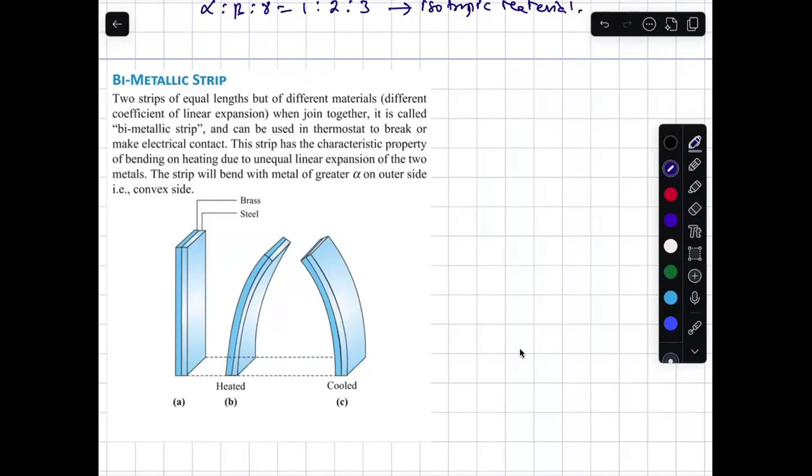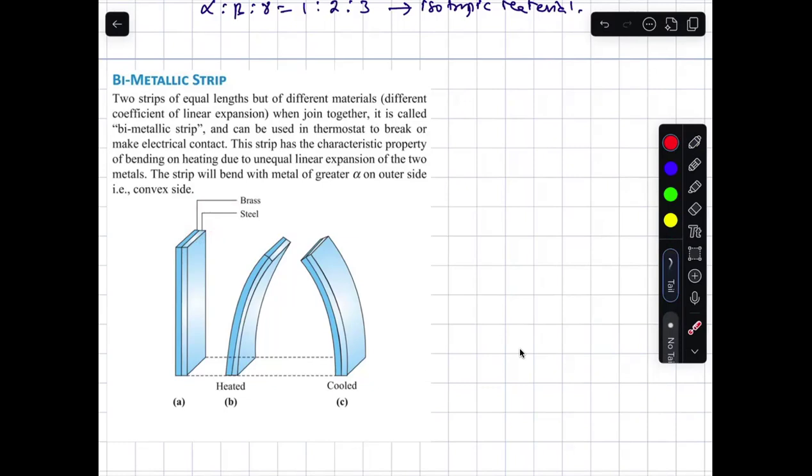See, two strips of equal lengths but of different materials. You can see that one material here is made of steel, the other material is made of brass. When they are joined together, the combined strip is called a bimetal.